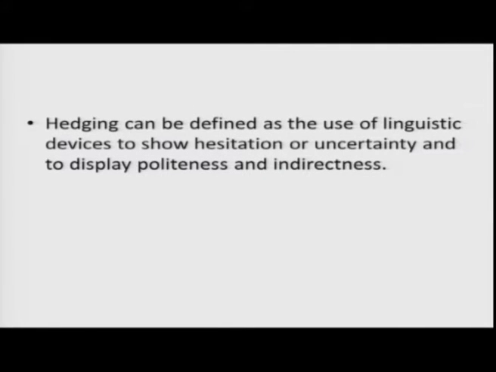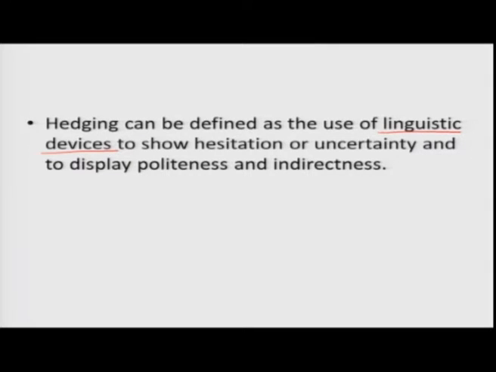To begin with, hedging can be defined as the use of linguistic devices to show hesitation or uncertainty and to display politeness and indirectness. You use many linguistic devices.